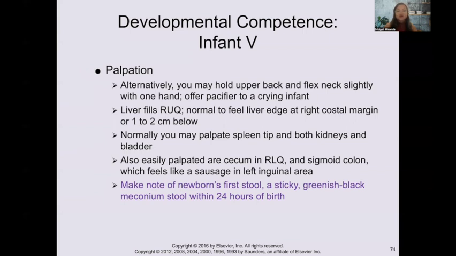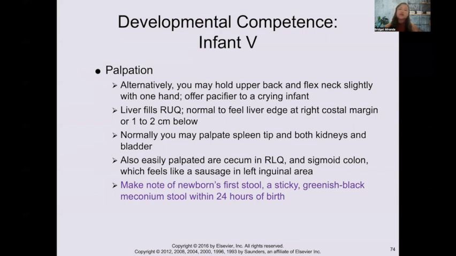But the most important question for you in terms of a stool is, has your child had their first meconium? And this is their first stool. It's sticky. It's greasy and very sticky. It's greenish black, and it occurs usually within the first 24 hours. Sometimes in utero it occurs, and so we're worried about that because your baby could aspirate that in utero.